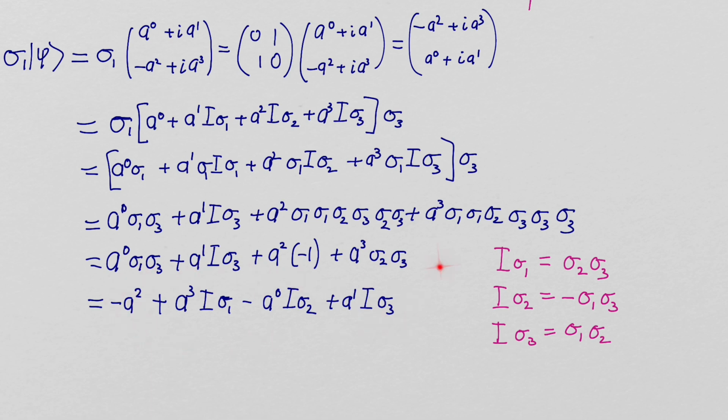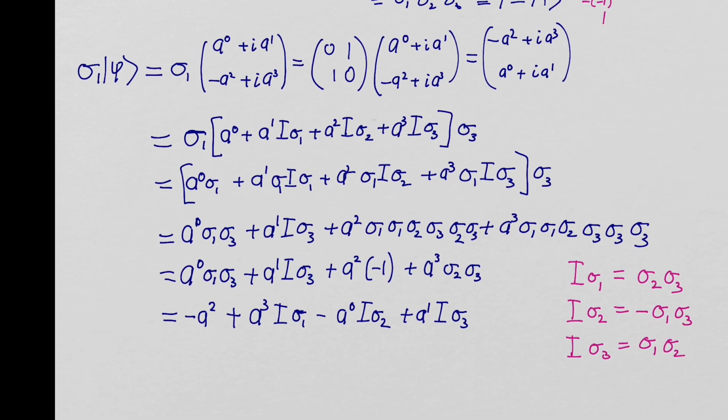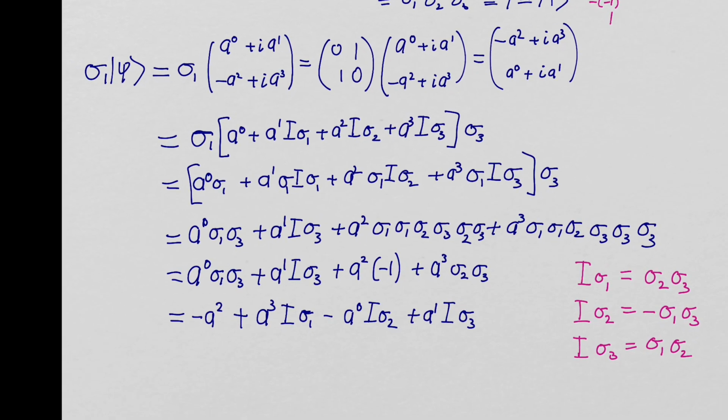This guy does, in fact, match that guy. And that's sort of a proof of the rule. In fact, that's kind of how you probably generate the rule, in a way. But regardless, this is the general way of operating with a Pauli operator on a spinor using geometric algebra.